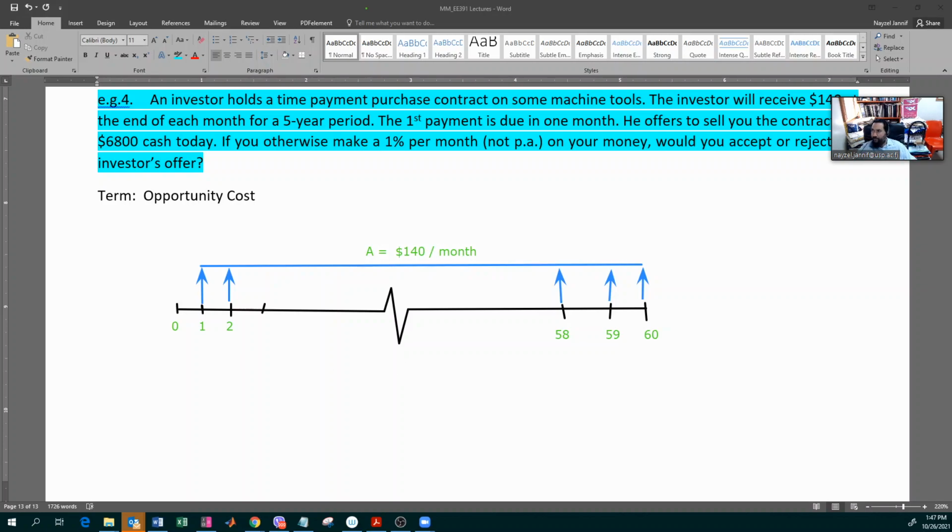But our original investment, how much was our original investment, guys? What is the present value? It would be $6,800. So our knowns. Let me just save that, guys. Give me a second.